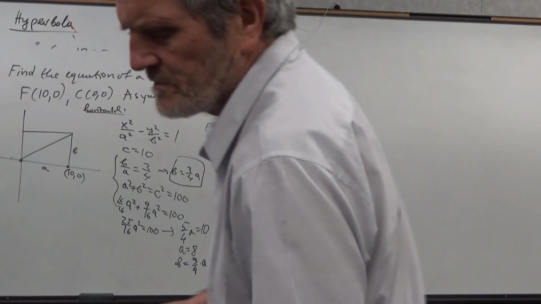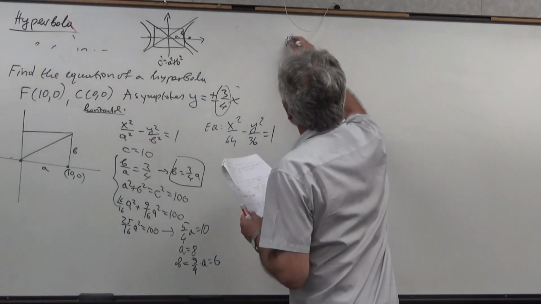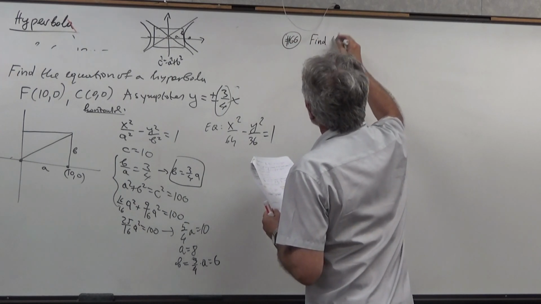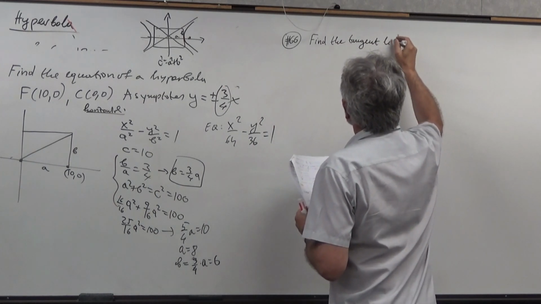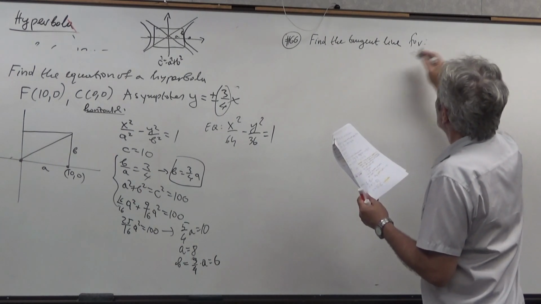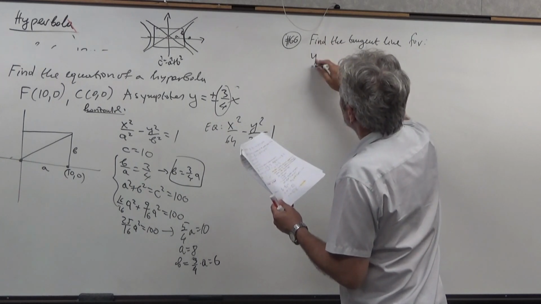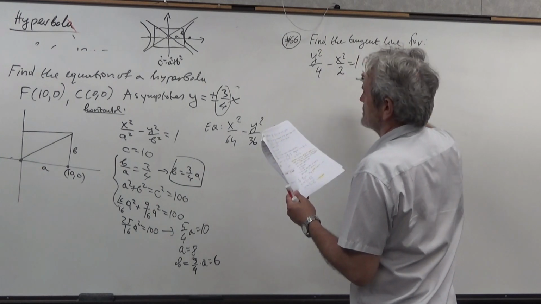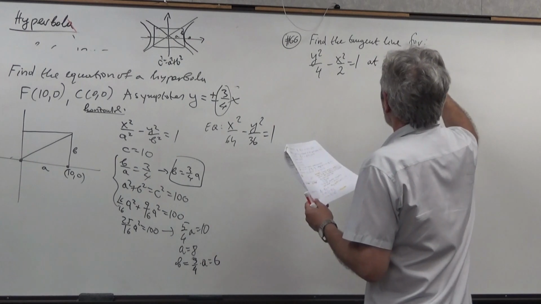Our next problem is similar again to a problem with an ellipse, problem number 66. Find the tangent line for y squared over 4 minus x squared over 2 at the point where x is 4 and y is positive.